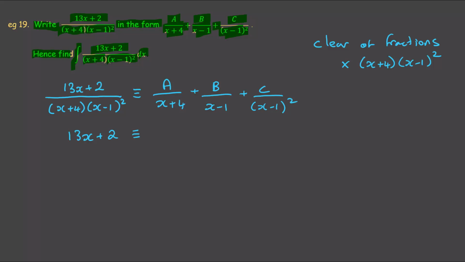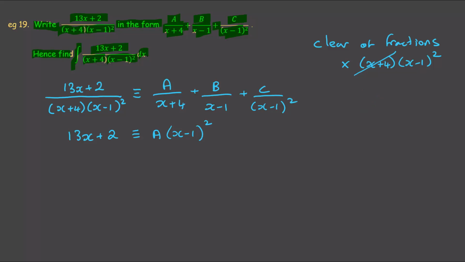Now think about the next term, the a over (x + 4). If I multiply by (x + 4)(x − 1) squared, the (x + 4)'s cancel, and I'm going to get a(x − 1) squared.